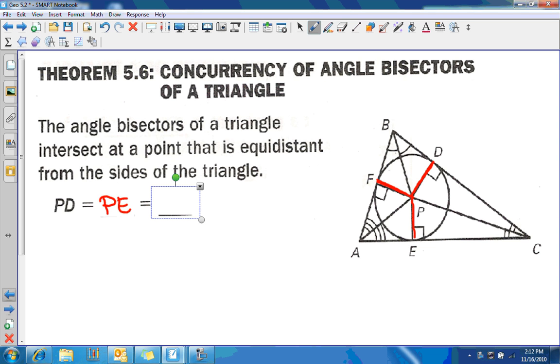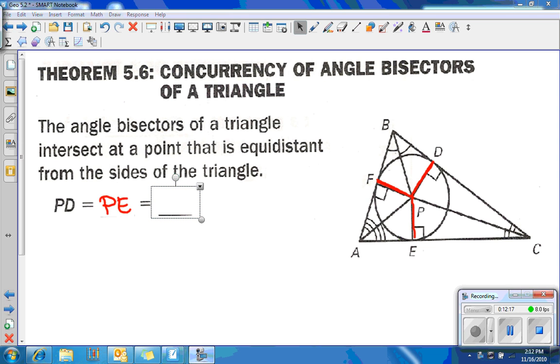The incenter is where the angle bisectors all intersect each other. So something that we pointed out is that these are the incenters, not necessarily perpendicular bisectors. The incenter is where the angle bisectors intersect each other.